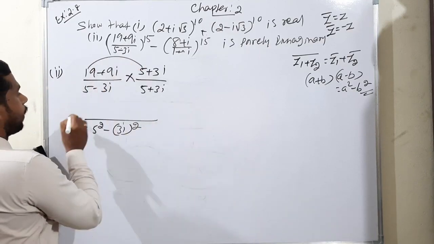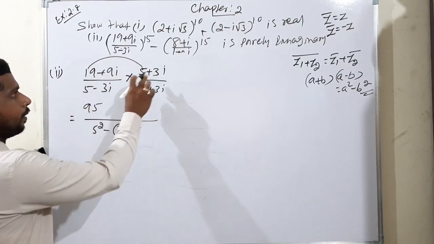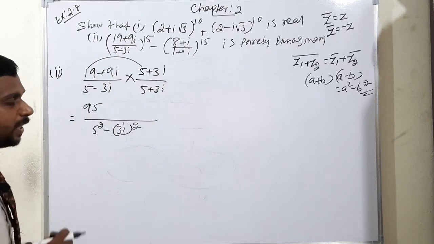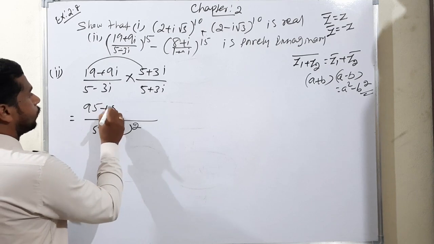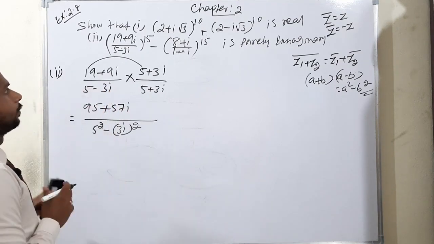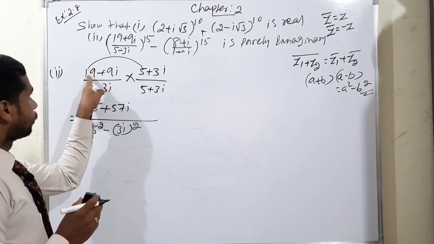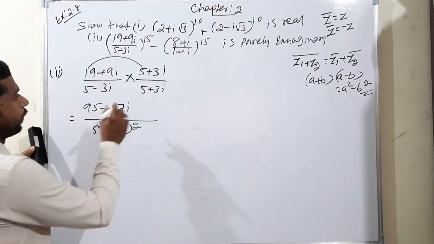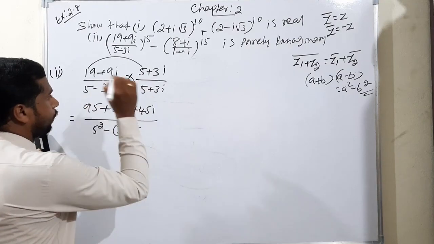Now 19 into 5 is 95. 3 into 19 is 57, so plus 57i. Next, 9 into 5 is 45, so plus 45i.